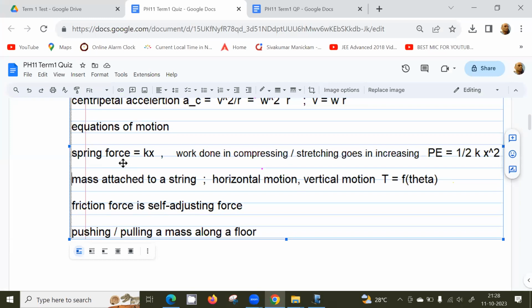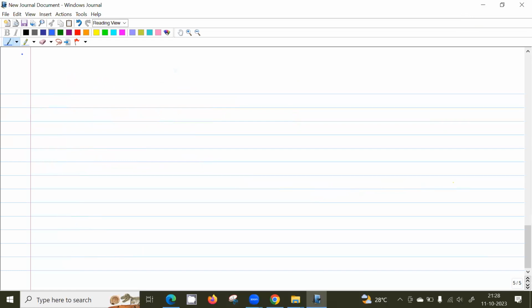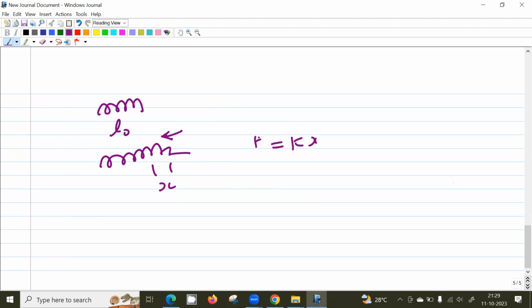Now the spring, and its properties if I stretch or compress it by an amount x. A spring has a natural length, say L0. Suppose I stretch it by an amount x, then a force develops in it which tries to bring it back to its original position. This force is k into x, where x is the amount of extension.